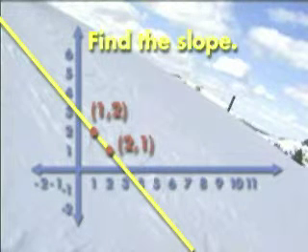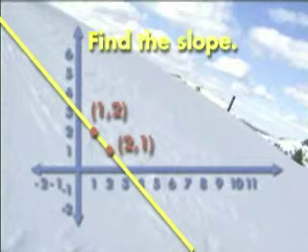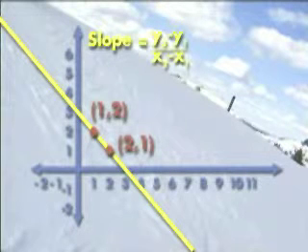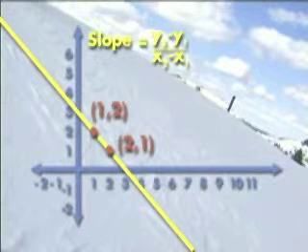Okay, how'd you do? Remember, the formula for slope is y sub 2 minus y sub 1 over x sub 2 minus x sub 1.